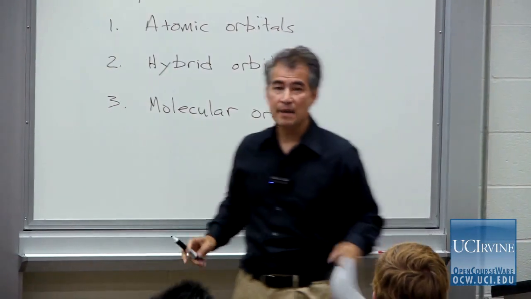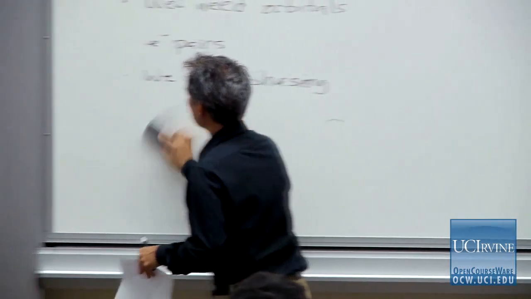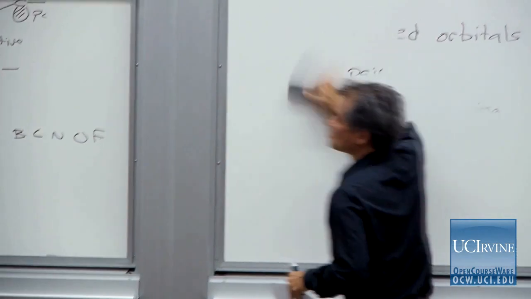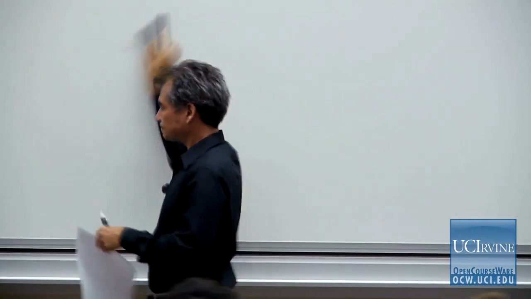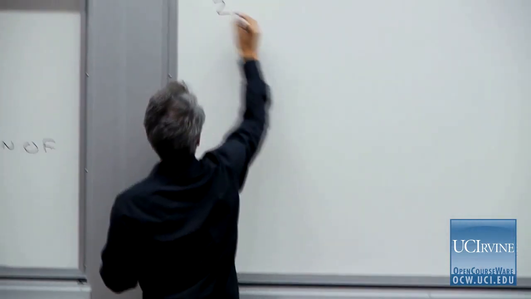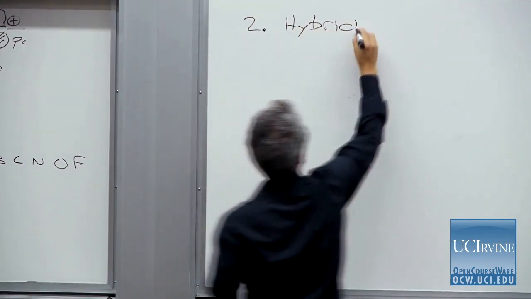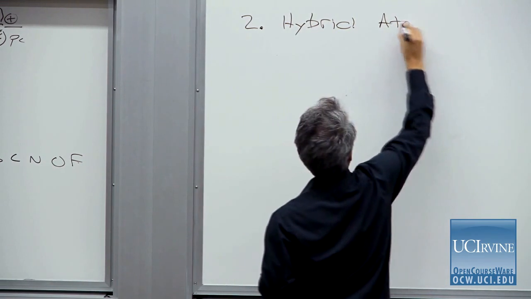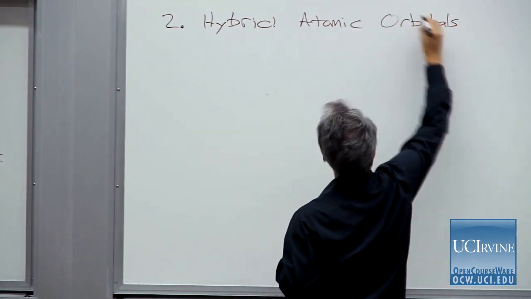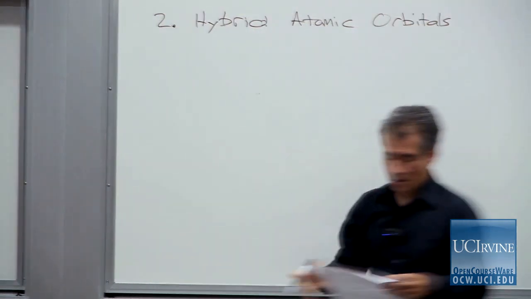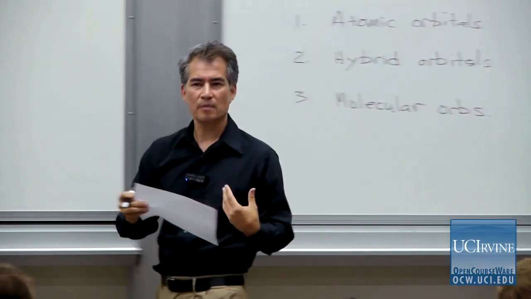Okay, so let's talk about hybrid atomic orbitals. We're done talking about just plain simple atomic orbitals, s, p, d, and f. And let's talk about what happens as we mix together different atomic orbitals. Okay, so I'm going to give you a rule for mixing orbitals, for thinking about the way that orbitals mix together.